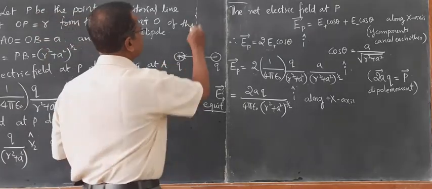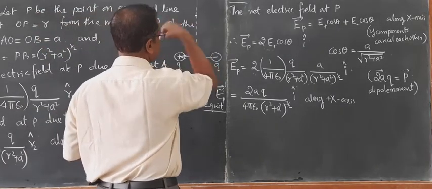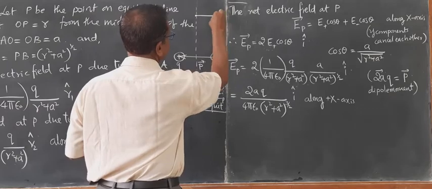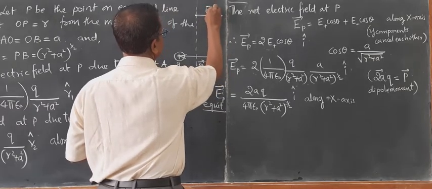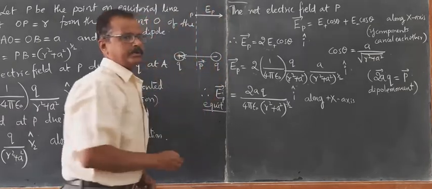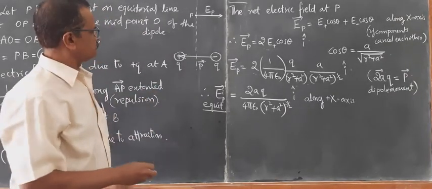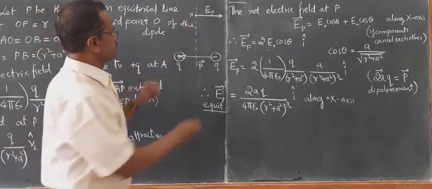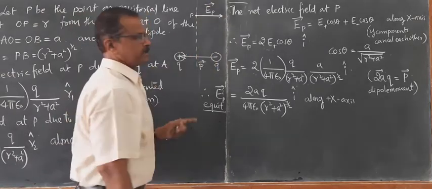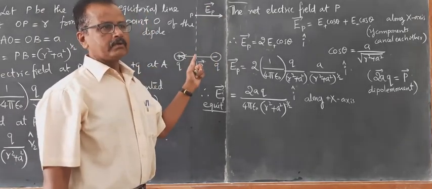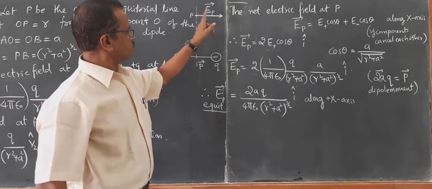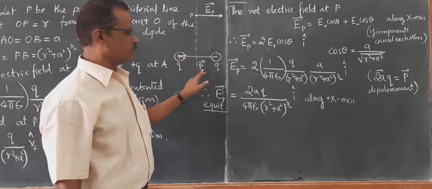And here we got the electric field at P on the equatorial line, which is exactly opposite to that of the P vector. This is the direction of the electric field along the equatorial line, exactly opposite to that of the P vector.